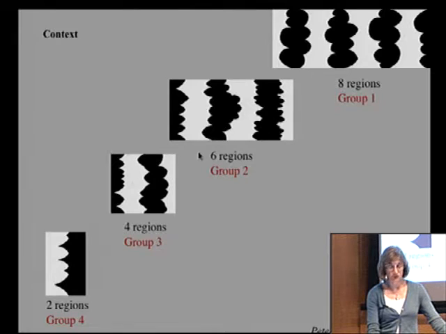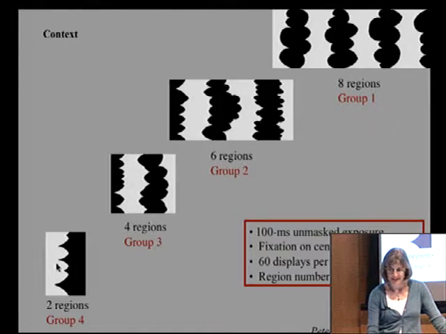Another group got 6-region displays, another 4-region displays, and another 2-region displays. And in the 4, 6, and 8-region displays here, the convex regions are black, but unfortunately in the 2-region, we've got it in white. But we did, of course, have many displays in each condition, 60 of them. Half of the displays, the convex regions were white and half were black.